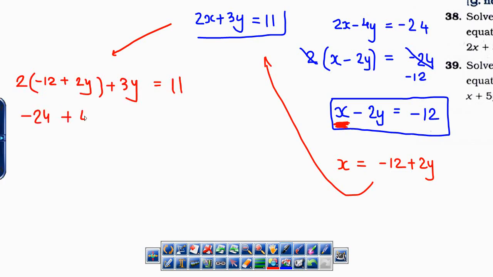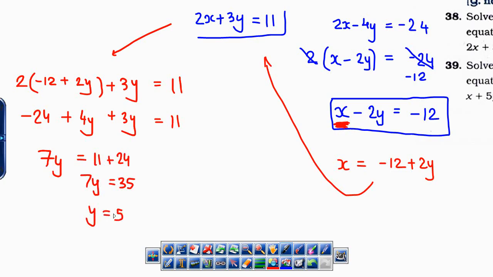Minus 24 plus 4y plus 3y is 11. 4y plus 3y is 7y; minus 24 goes across as plus 24, 7y is equal to 35, y is equal to 5. And this y is equal to 5 will be put into this equation.